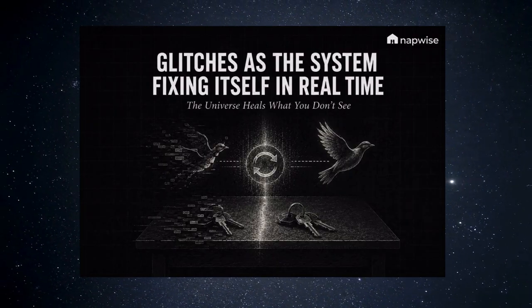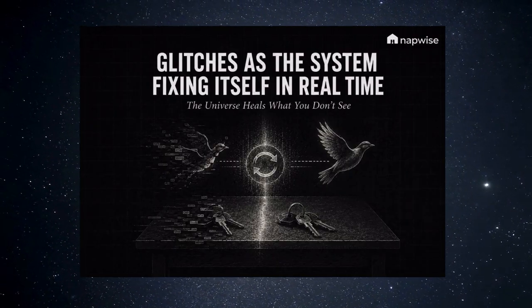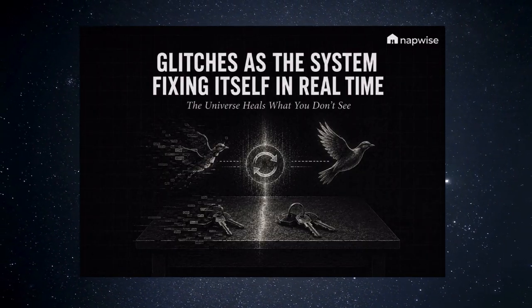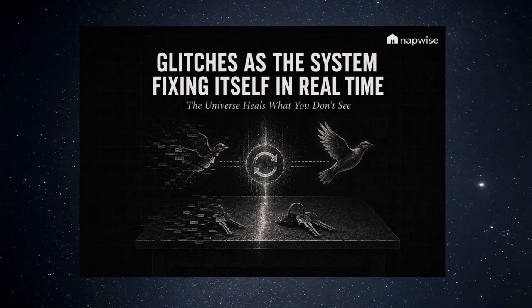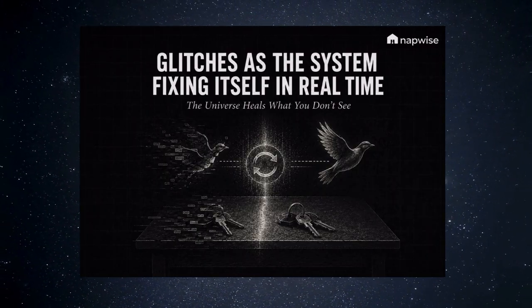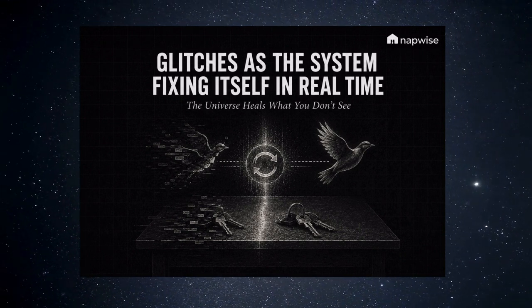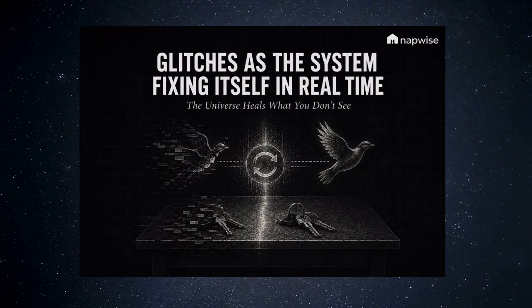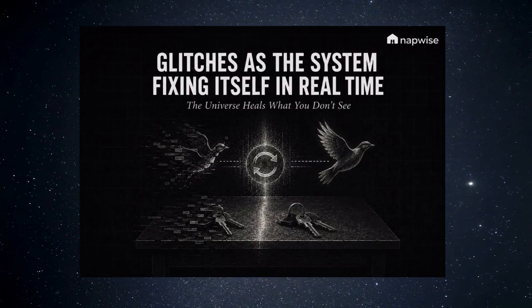It corrects, quietly and efficiently, without needing your panic to motivate it. And this same self-correcting property exists in you. When your mind or body goes out of alignment, the recovery protocols activate before you consciously decide to intervene. The healing mechanism is older than your intentions and more reliable than your plans.